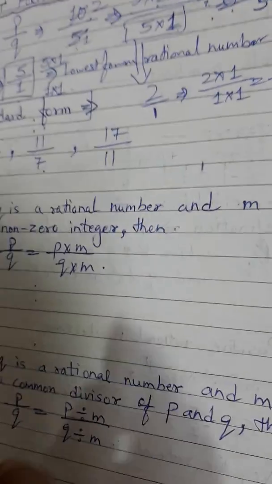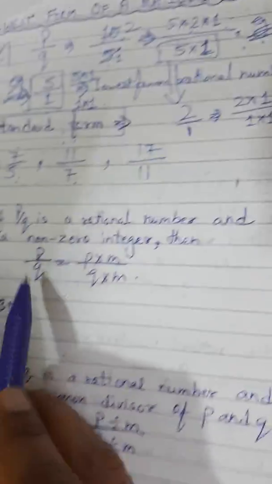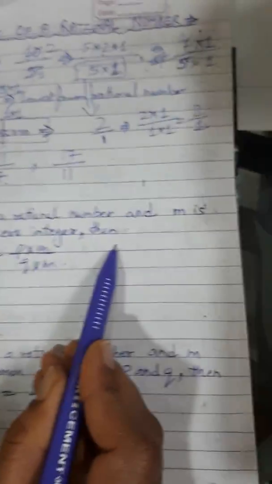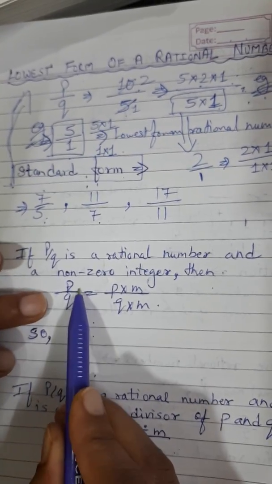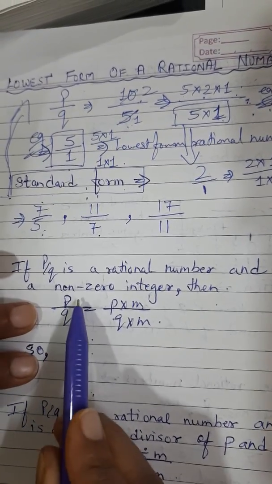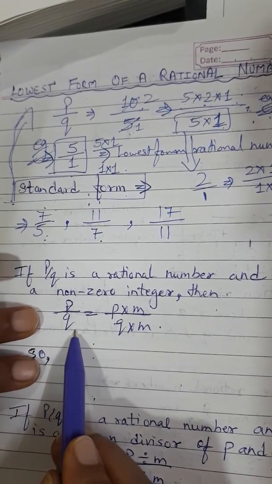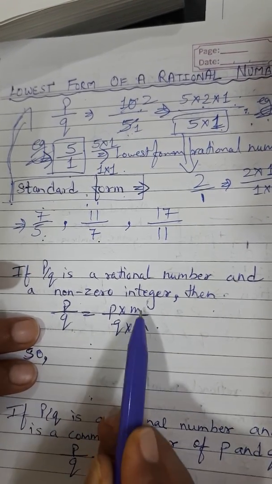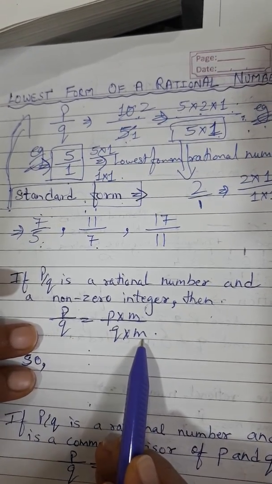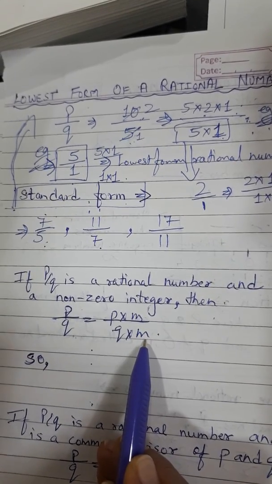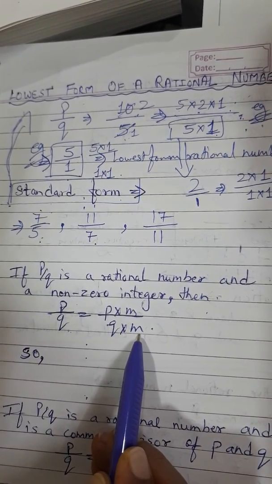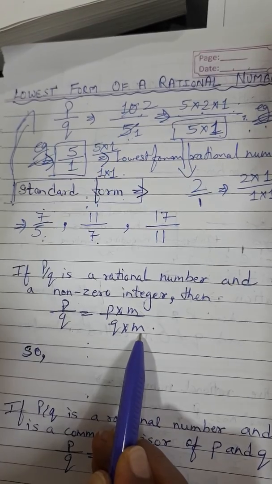Got it? So if p upon q is a rational number and m is a non-zero integer, then when we multiply the numerator and denominator both by the same number, we will get an equivalent rational number.